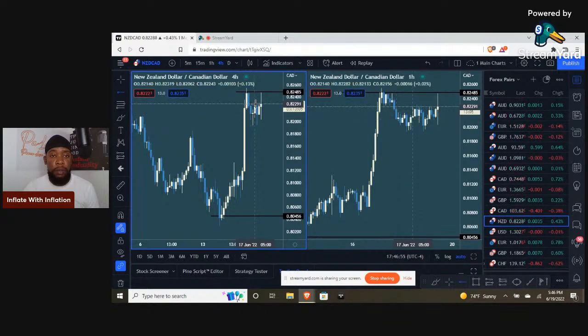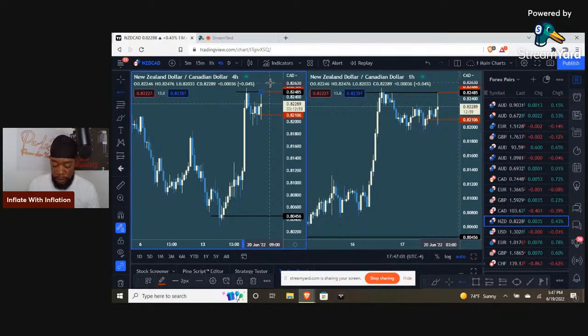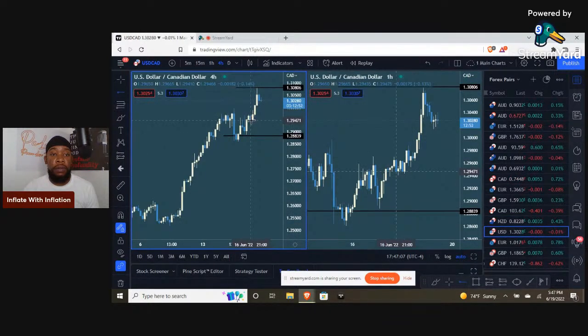But from there, it came up there. All right, so here at this moment, New Zealand is buying still. CAD is selling. US dollars buying, CAD is selling.